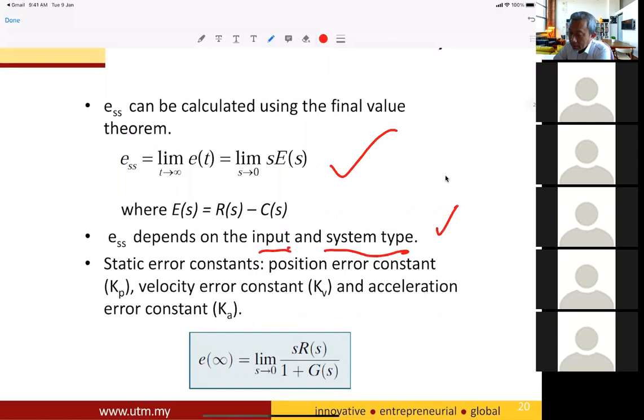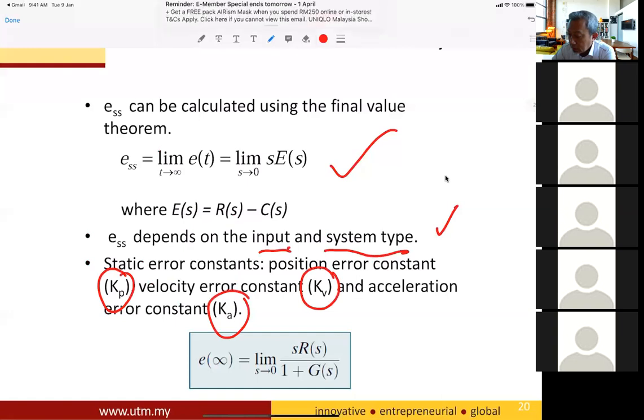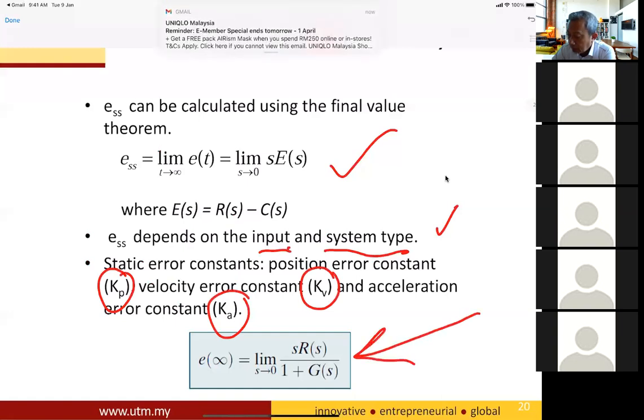From this steady state error, we use the static error constants, known as Kp, Kv, and Ka, where Kp is the position error constant, Kv is the velocity error constant, and Ka is the acceleration error constant, with the formula of error when time tends to infinity.